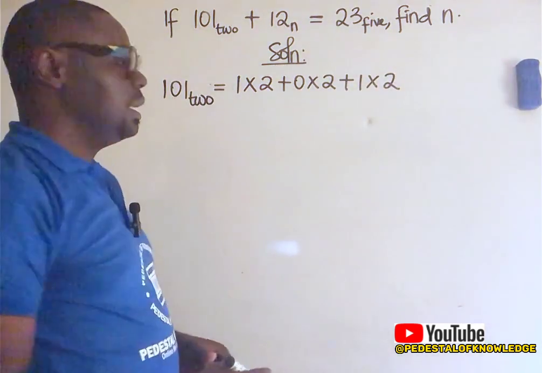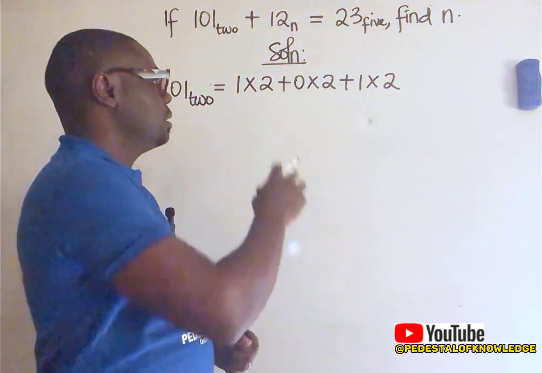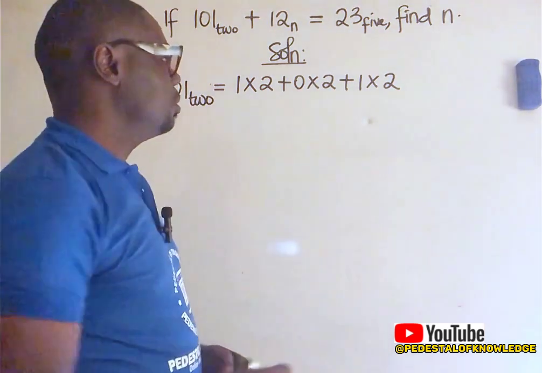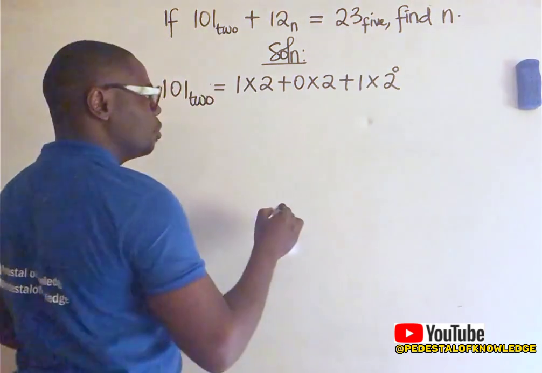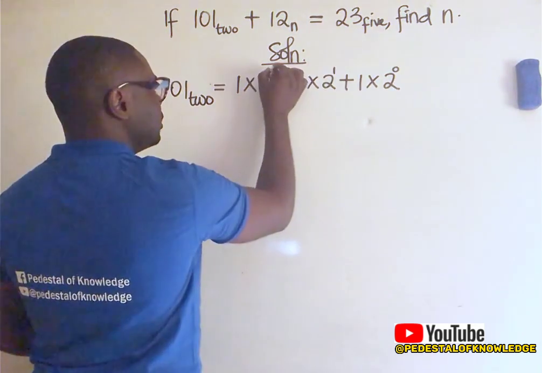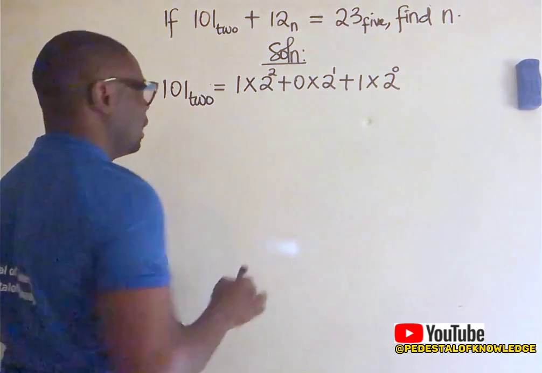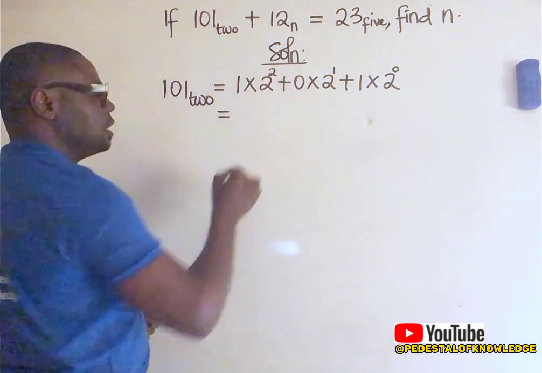Now the next thing to do is to give powers to the base starting with 0. So we put 0 here, and the next positive whole number after 0 is 1, and the next is 2. Okay, now this is equal to 2 raised to power 2 is 4.